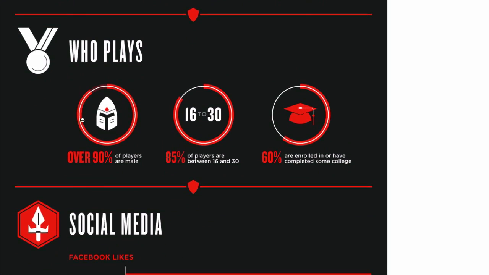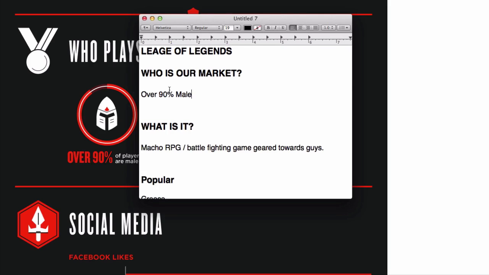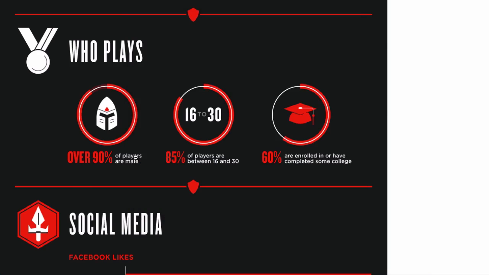Aha! So here's what I'm looking for. Do you see where it says who plays? This is telling us exactly who our ideal customer is. Do you see how it says over 90% of players are male? Aha. So I'm going to write that down. I said, who is our market? Over 90% male. What else is this telling us?